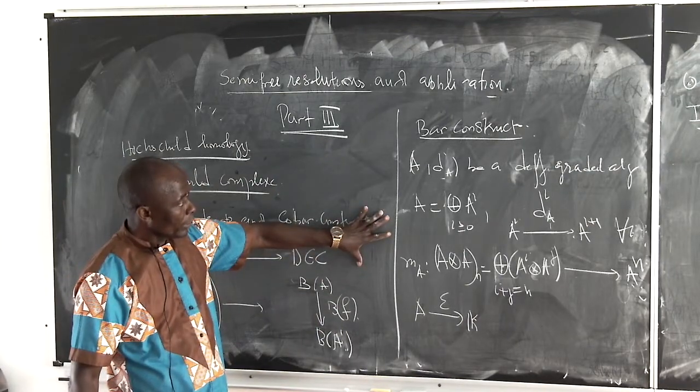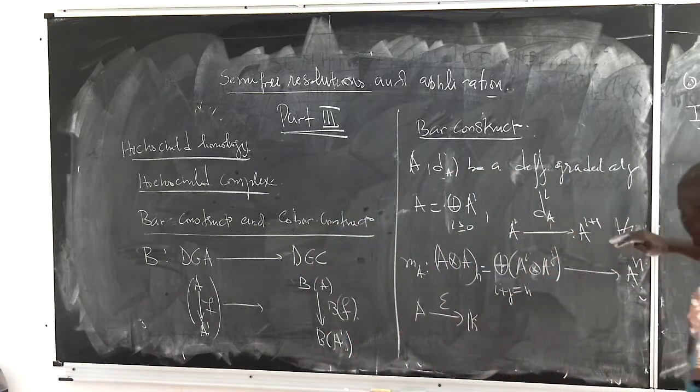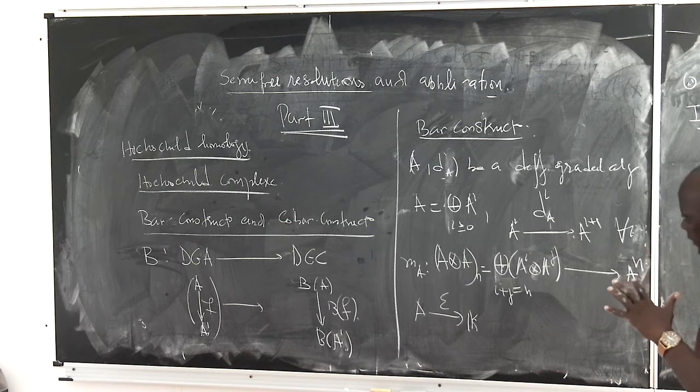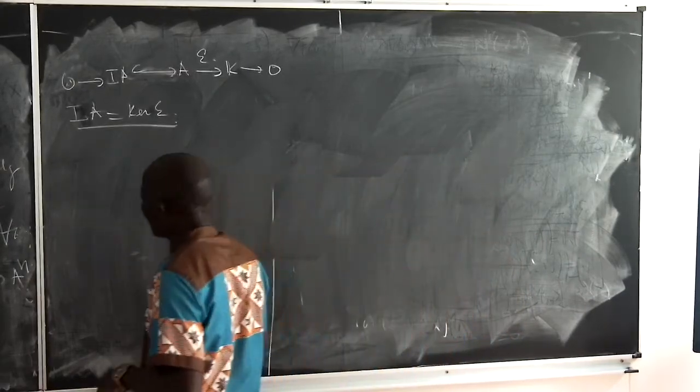Of course, now that I have to define the notion of bar construction, I am supposing that you have the knowledge of the tensor algebra and the coalgebra on the tensor product.